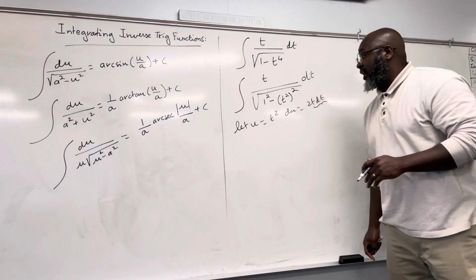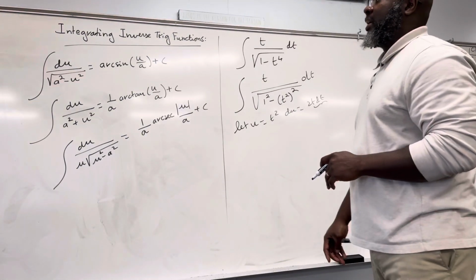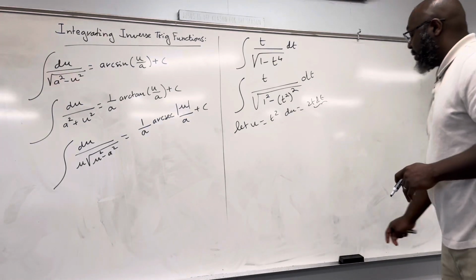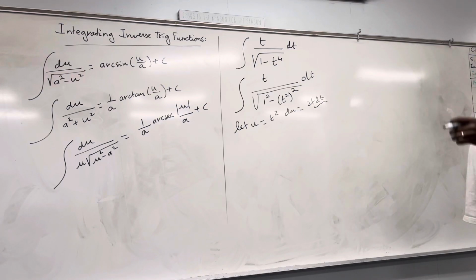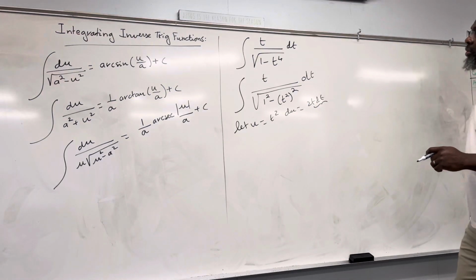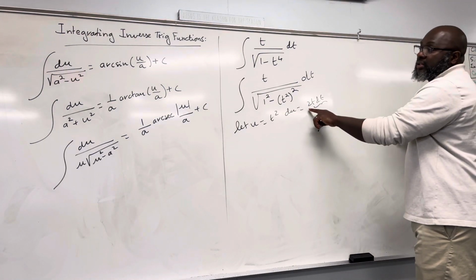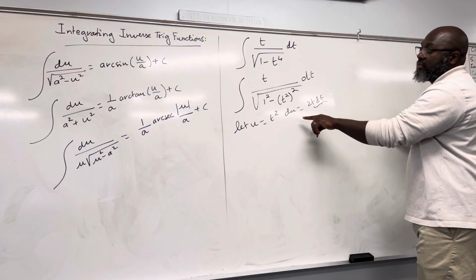So now let's not forget that we have a 2 there if you're gonna apply this formula. We have to be extremely careful. So now we can go ahead and apply our formula. I'm gonna have t dt is du over 2.